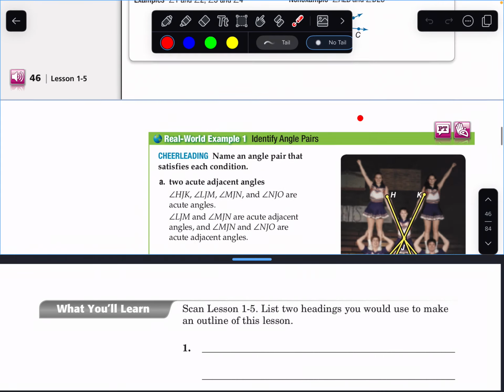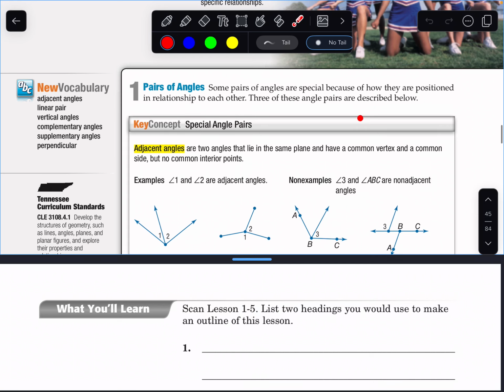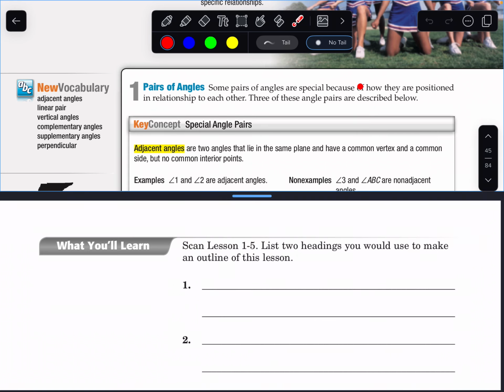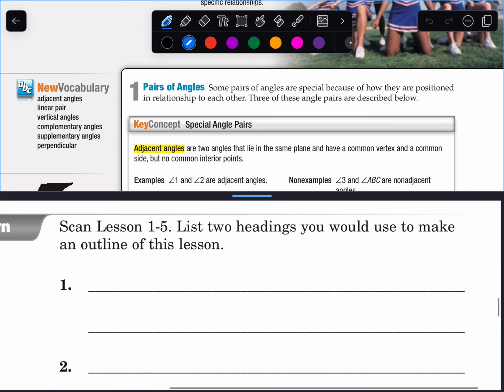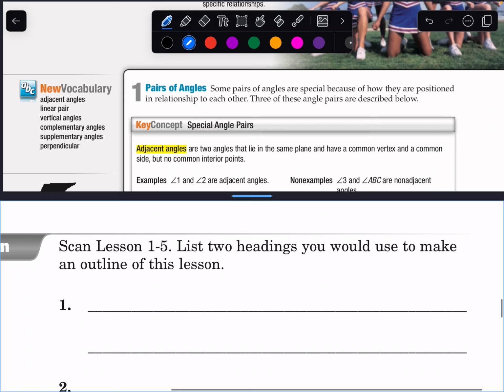And I see the number 2. Let's go write this one down first. Pairs of angles. It's a terrible looking G. That's better.